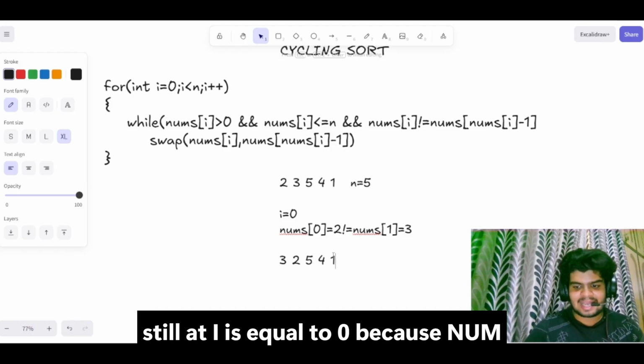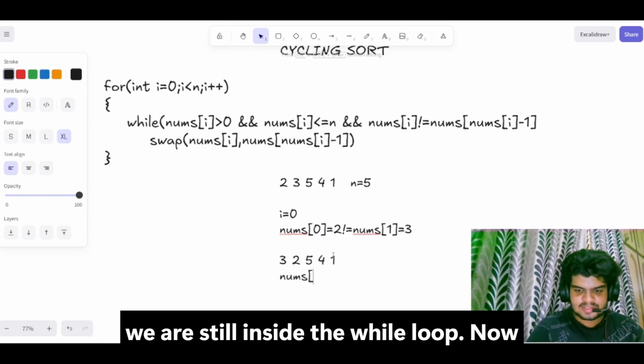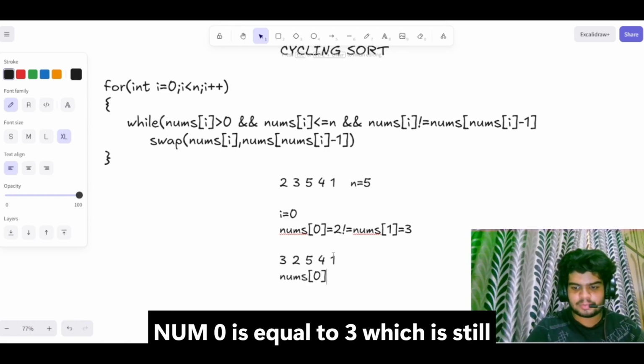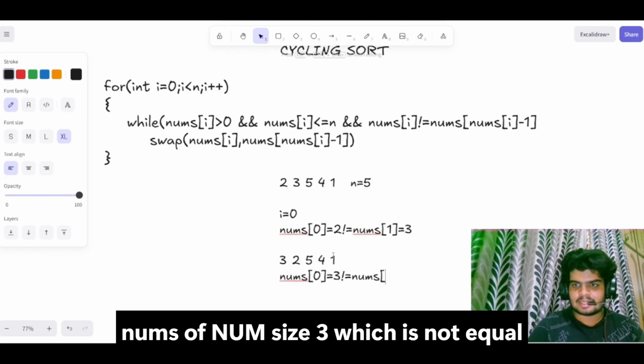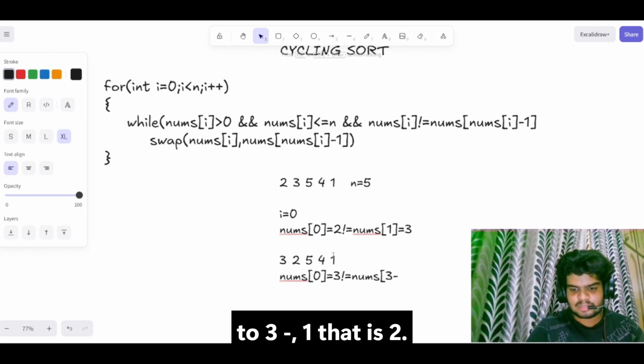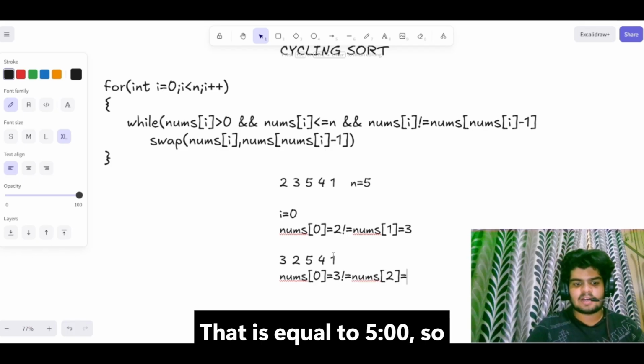Now we are still at i equals 0, and we are still inside the while loop. Now nums[0] is equal to 3, which is still not equal to nums[nums[i] - 1], that is nums[2], which is 5.